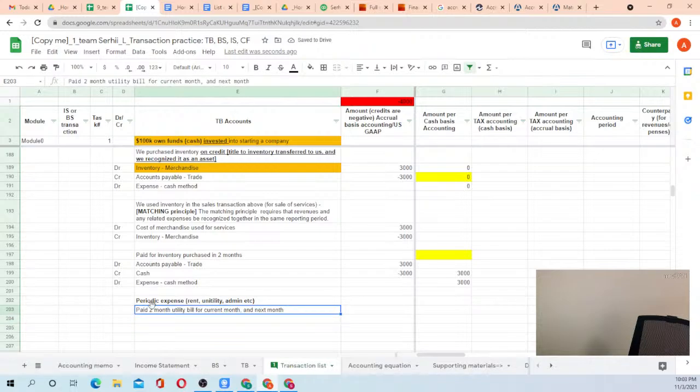So what happens when we paid utility? Depending on the situation, if you already accrued that expense, let's break it down into two transactions. First, accrued but not paid utility for the current month.